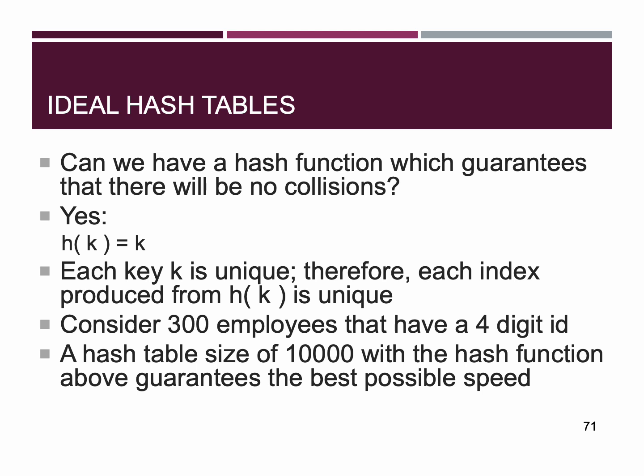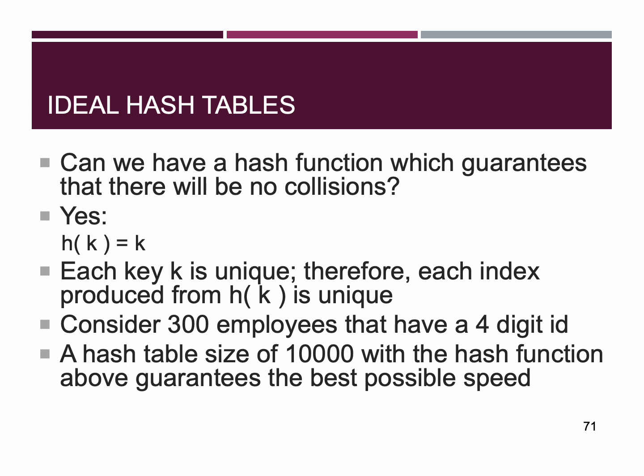For example, consider a simple hash function like h(k) equal to k, where each key is directly used as the index. If each key is unique, then each index produced by h(k) will also be unique, ensuring no collisions. So your key has to be unique.